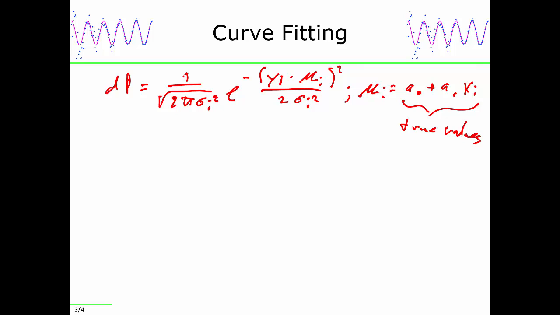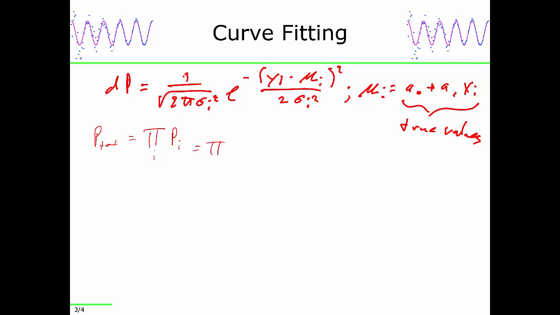Okay. So P tot is going to be the combined product, which we'll write as pi, a product over i. It's just like a sum is given by sigma, a product of terms is given by pi, and that's going to be P sub i. The probability of each individual y value multiplied together is going to give you the total probability.